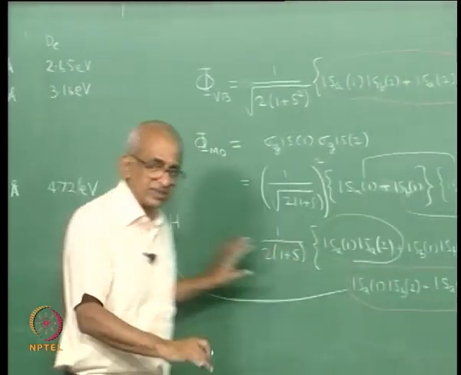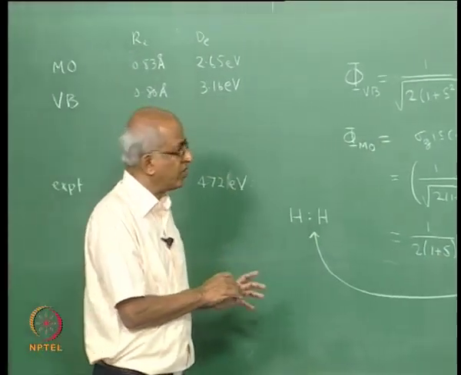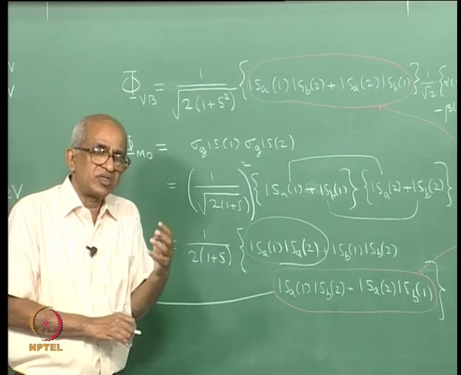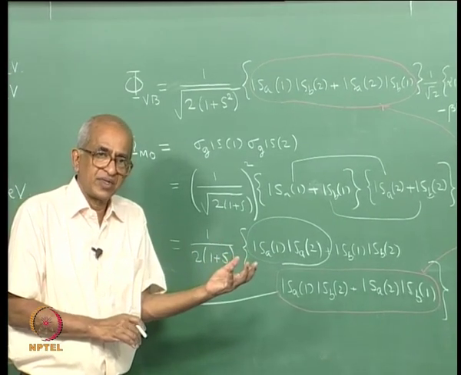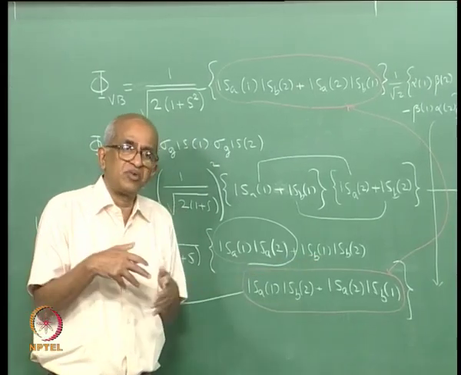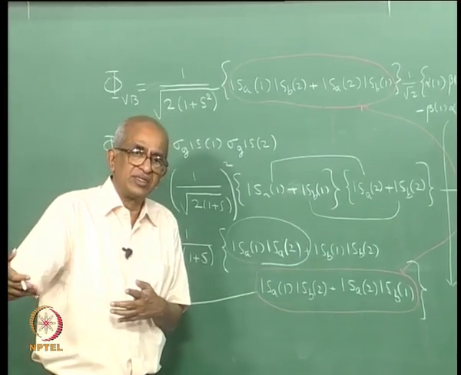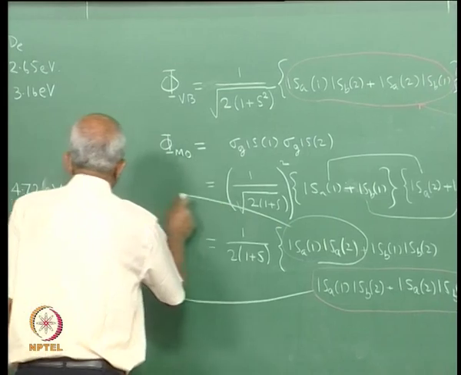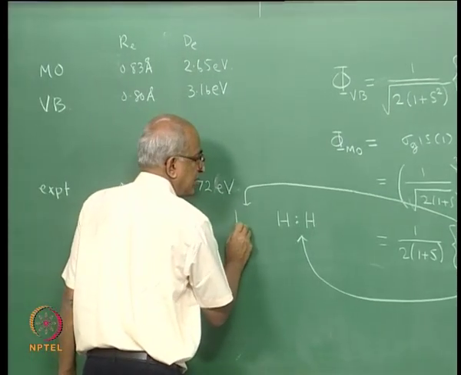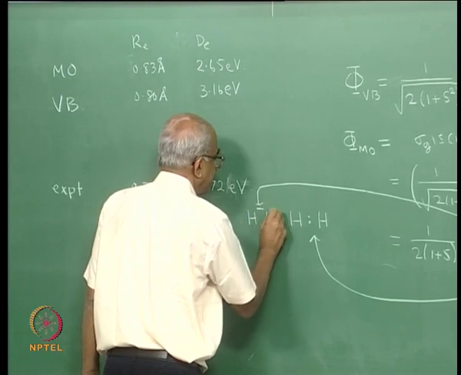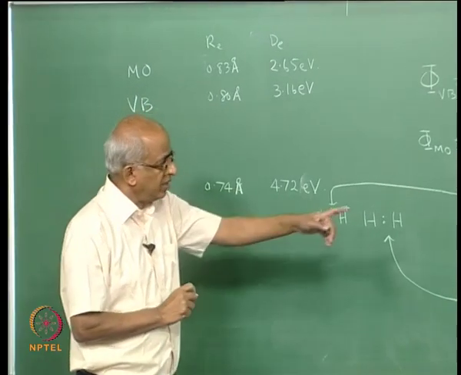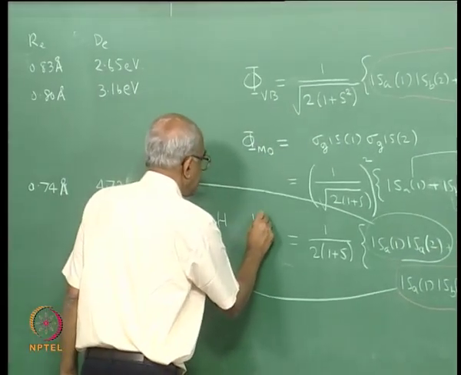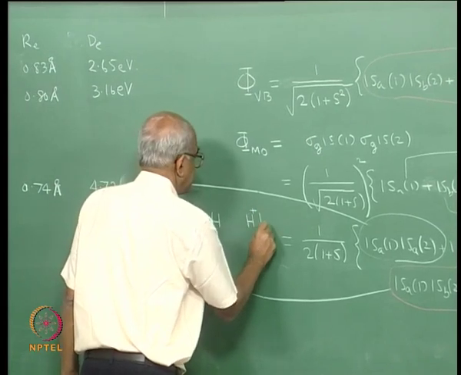But if you look at this 1s A1, 1s A2, this means that both the electrons are associated with nucleus A, while that represents the situation where both the electrons are associated with nucleus B, and therefore, if I wanted, I can say that this one represents a chemical structure which I will denote as H minus H plus, while this part represents a chemical structure. According to a chemist, it would represent a structure which would be written as H plus and H minus.